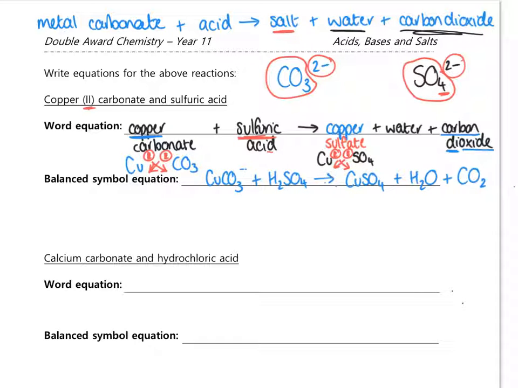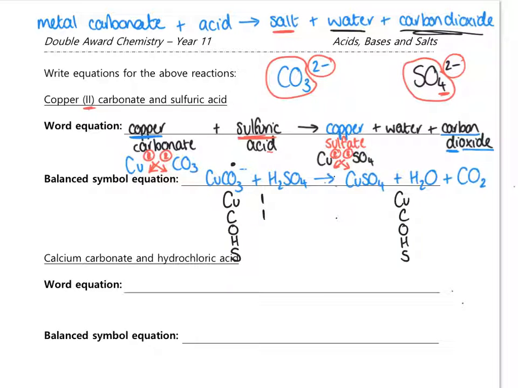So let's make a list to see if this is balanced. I've got copper, carbon, oxygen, hydrogen, and sulfur. I write that list then on the right hand side as well: copper, carbon, oxygen, hydrogen and sulfur. On the left we can see that I've got 1 copper, 1 carbon. I need to be careful with my oxygens.